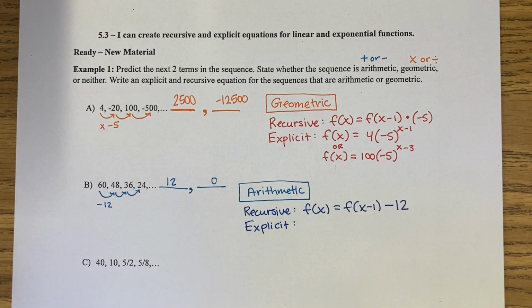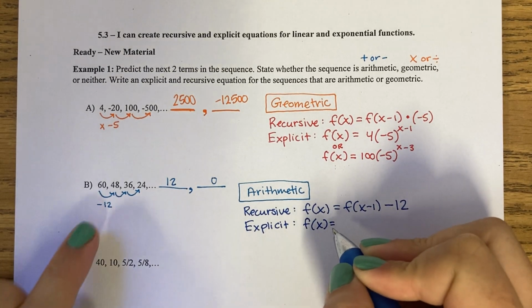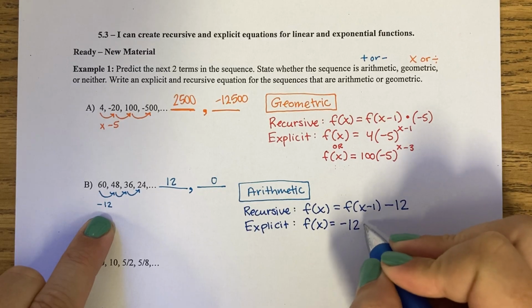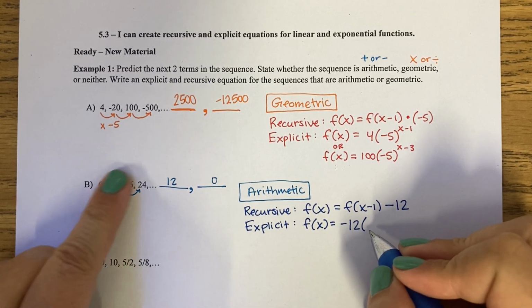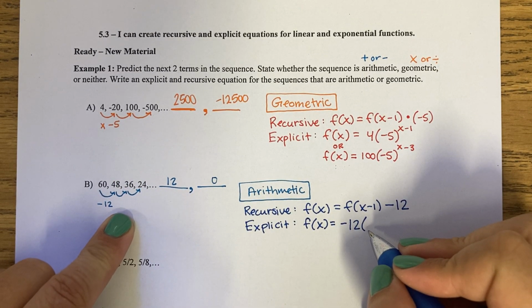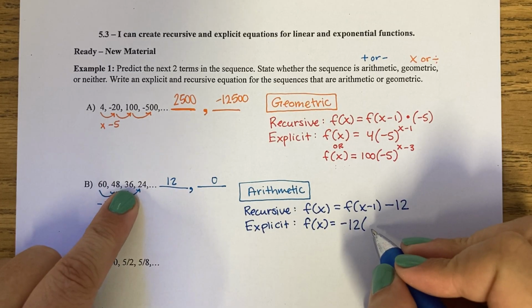I'm going to use point slope form. So I know my slope is subtracting 12 each time. Then I can pick any term in my list. I'm going to pick the third term. I'll pick 36. This is my third term.